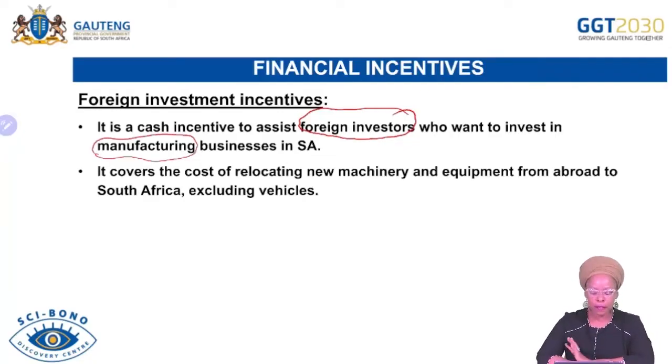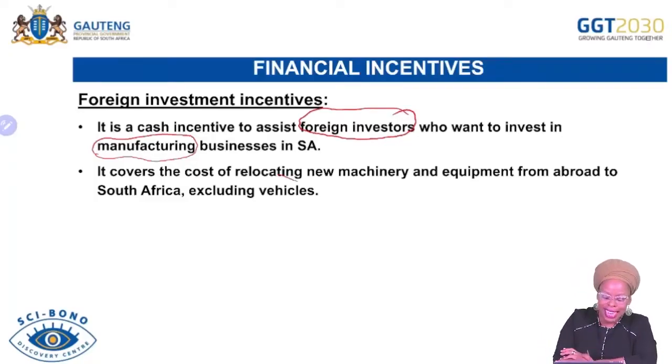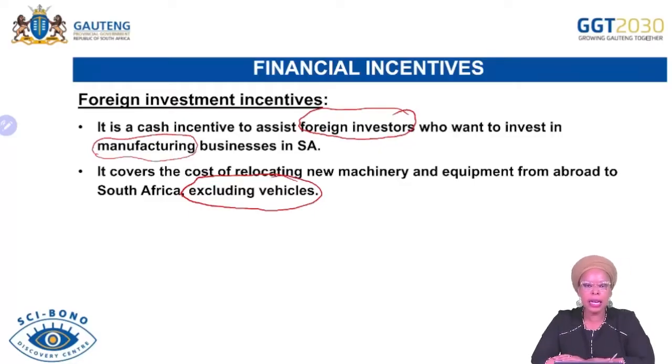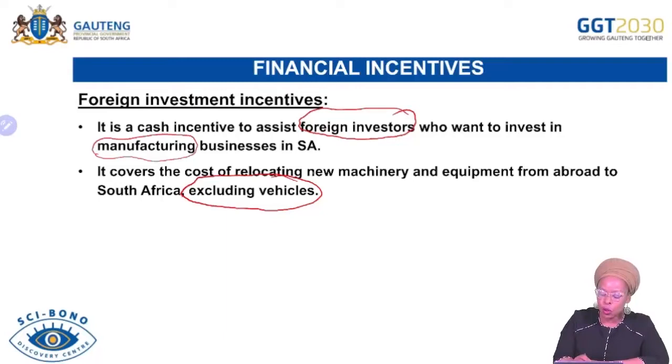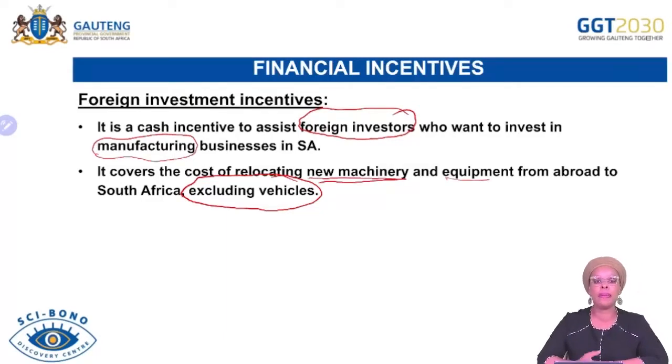It covers the cost of relocating new machinery and equipment from abroad to South Africa, but it excludes transportation of vehicles. If the investor wants to transport vehicles, this grant doesn't cover that. It covers only transportation of new machinery and equipment from abroad.